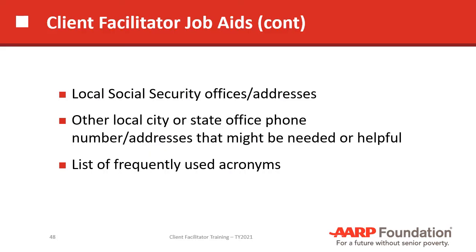Other things that can be useful at each site are addresses and telephone numbers for the local Social Security offices, other local city or state office phone numbers and addresses that might be helpful to taxpayers, and a list of frequently used acronyms that we use at the sites that might confuse people. So there are lots of things that a client facilitator can do to make life easier for people at the site, and use your imagination.